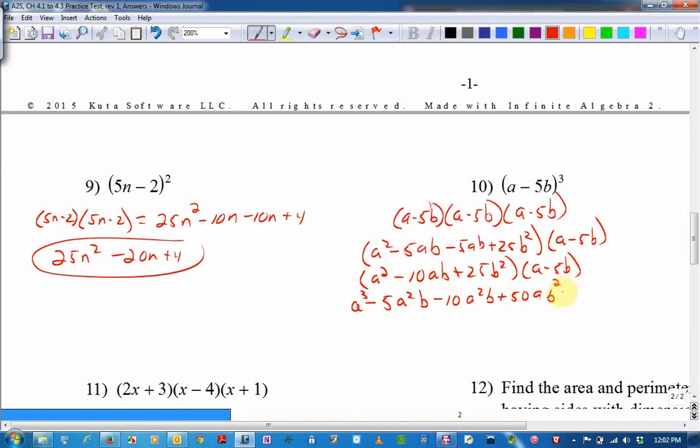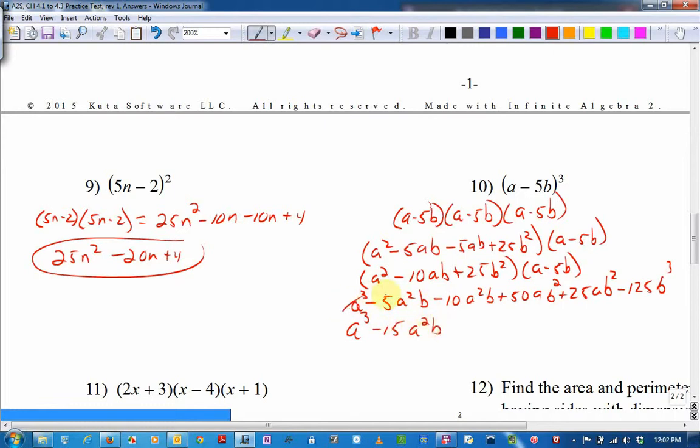Move to the last term, 25b squared. So 25b squared times a would be plus 25a b squared. And lastly, 25 times a negative 5 would be minus 125b times b squared times b would be b cubed. Simplifying, I have a cubed. Now I have a minus 5 and a minus 10, a squared b, so that's minus 15, a squared b.